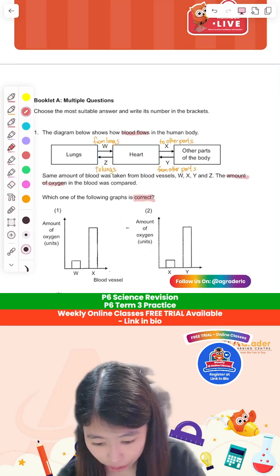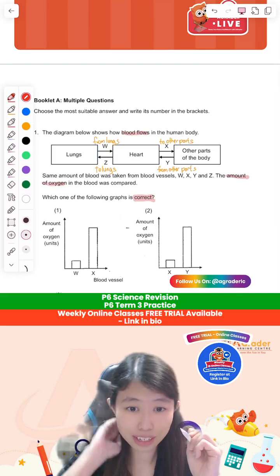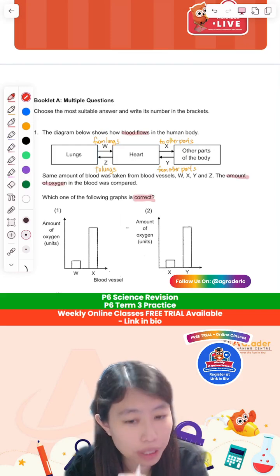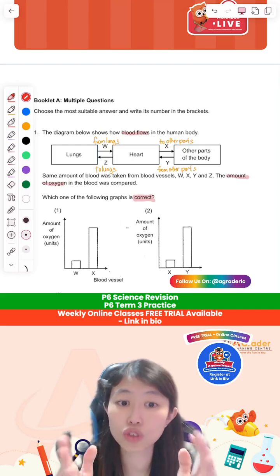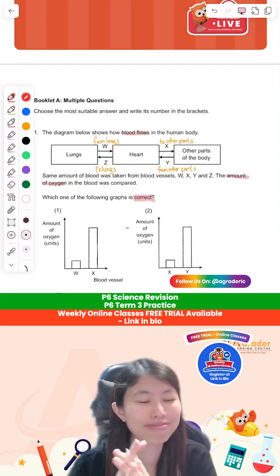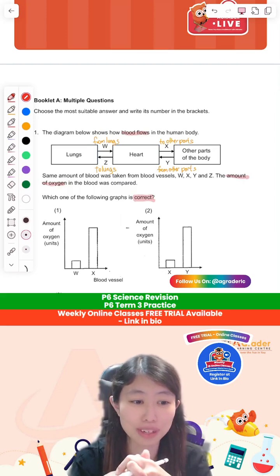I'm gonna write down the key things. So let's talk about oxygen level. Can anyone tell me which blood vessel should have the most amount of oxygen? Which one do you think has the most amount of oxygen?